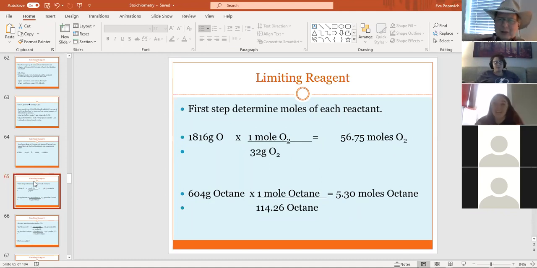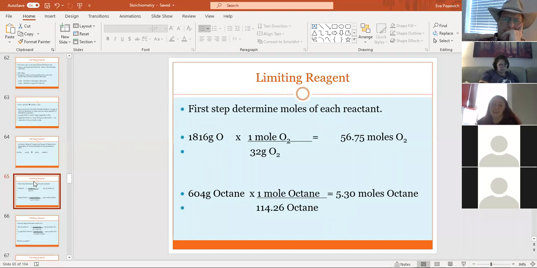Kaylin, look at those two numbers. What do you think is going to be my limiting reagent? Don't we need to do the molar ratio first? Thank you. Very good. You're absolutely correct. But just looking at these two, which would you suppose is going to be the limiting reagent?